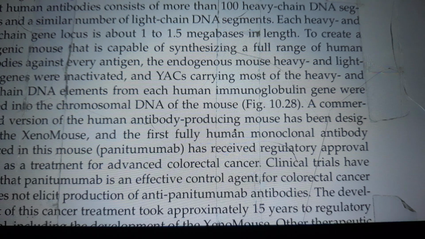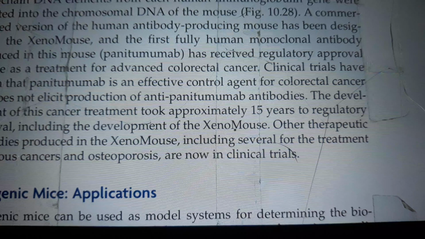A commercialized version of the human antibody producing mouse has been designated the Xeno mouse, and the first fully human monoclonal antibody produced in this mouse, panitumumab, has received regulatory approval for use as a treatment for advanced colorectal cancer.